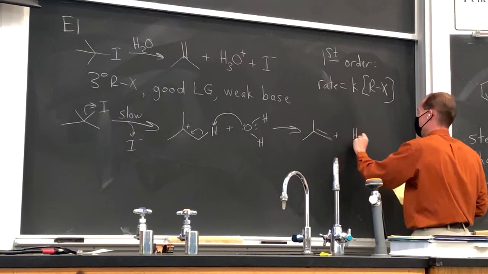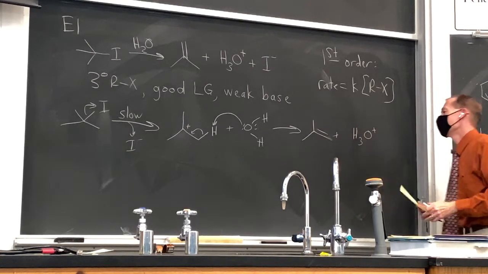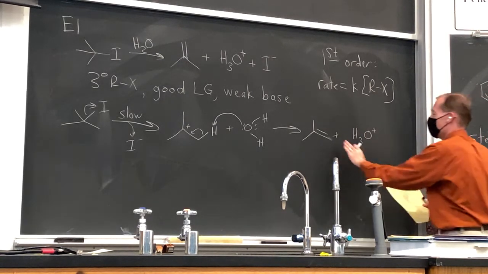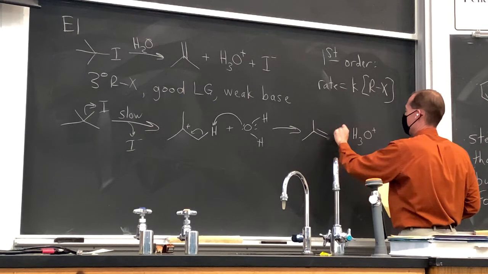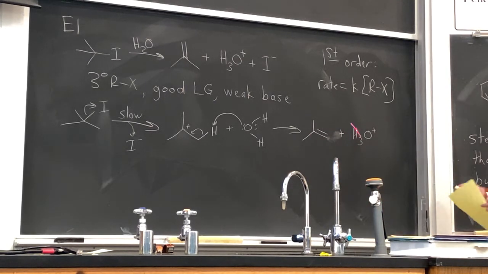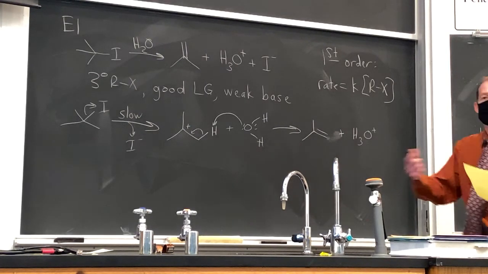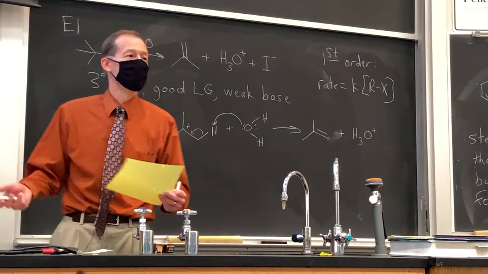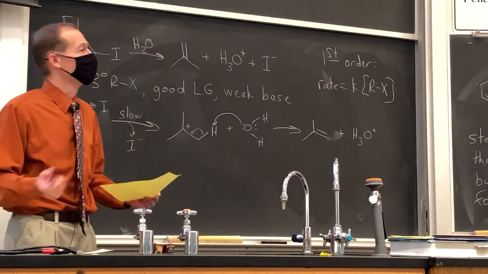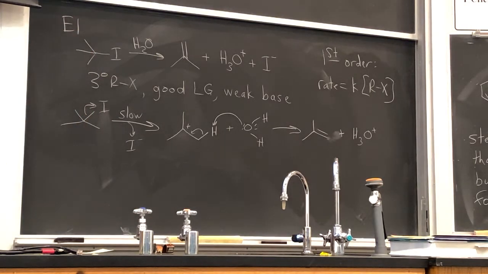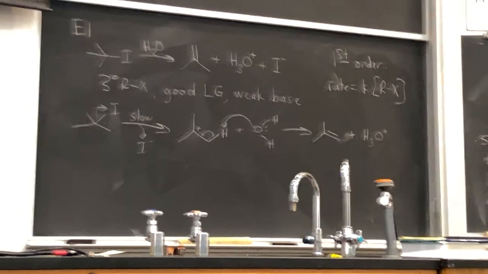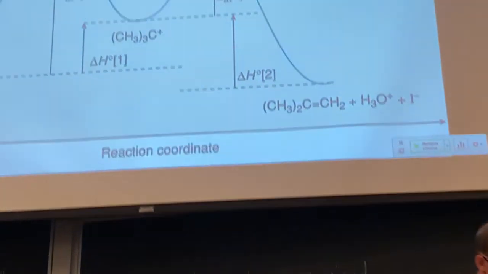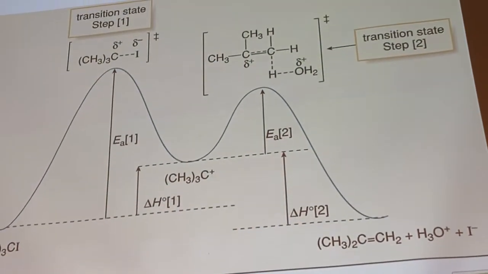And then we're going to get the conjugate acid of our base. This plus sign does not apply to the alkene. It just means that we have these two products. Okay? So two-step mechanism where the rate determining step is carbocation formation. That mechanism is consistent with the first order kinetics that we observe in this reaction. So we can look at an energy diagram for the E1 reaction.